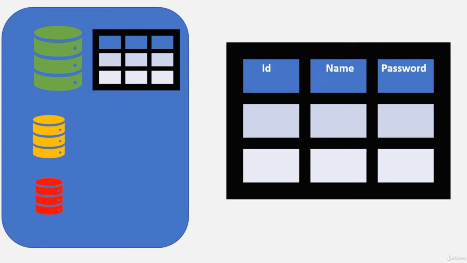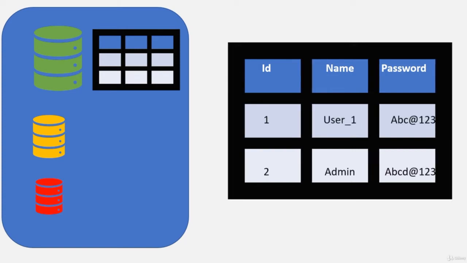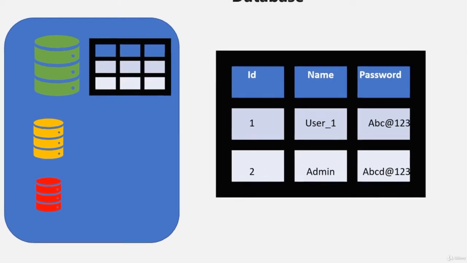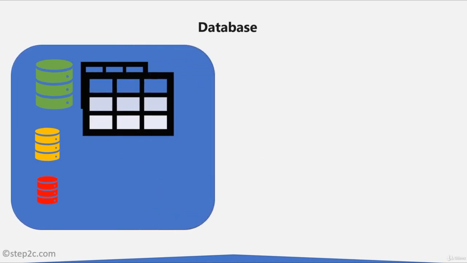So you could define the schema, and you will save this data as rows. For each user, you could insert data as a separate row. And you could create one or more tables, and you could organize them by using a database. And you could create all this system by using SQL.